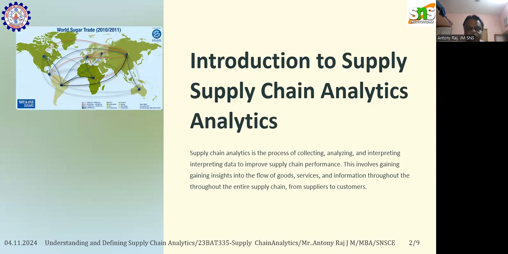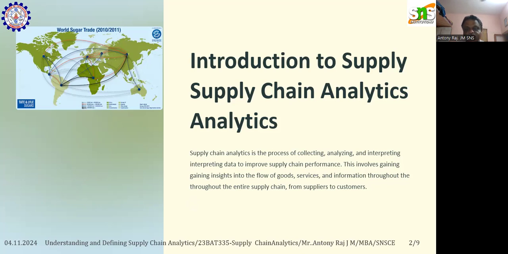Now, how do we do this? Once you analyze the data, you will get a lot of insights into the flow of goods from one point to another, from one warehouse to another, from the factory to the end customer. So there is a lot of network insight, and also on the services offered. You have various products and various services, and you'll get insights on various parameters.